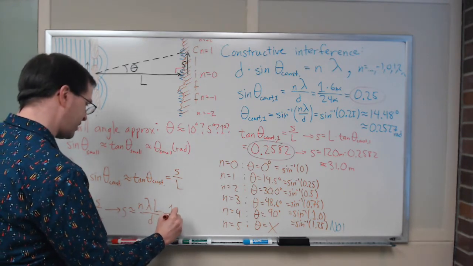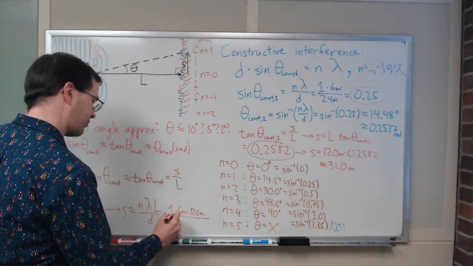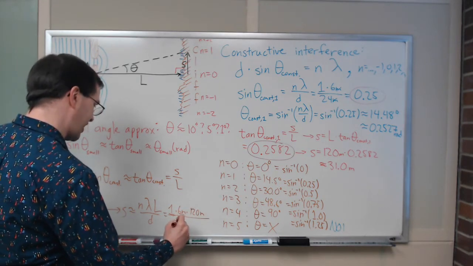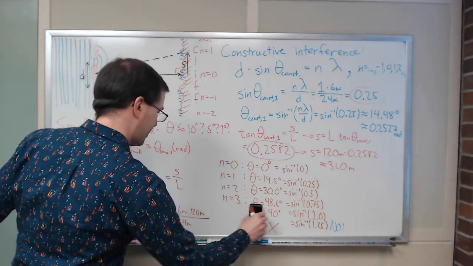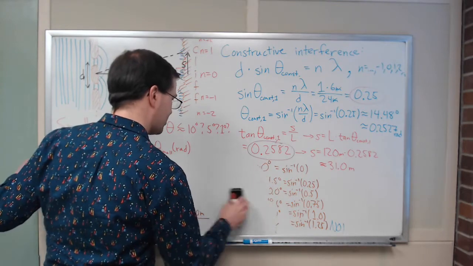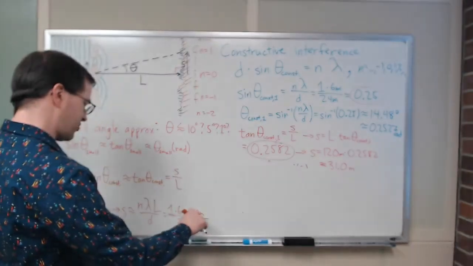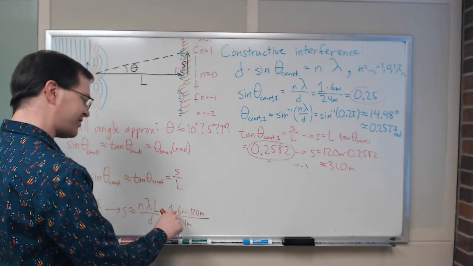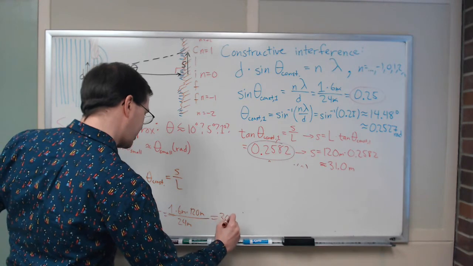That would give me 1 times 6 meters times 120 meters, these are the numbers from earlier for our problem, divided by 24 meters. If I work all that out, 120 over 24 is 5, 6 times 5 is 30, so this is basically 30 meters.